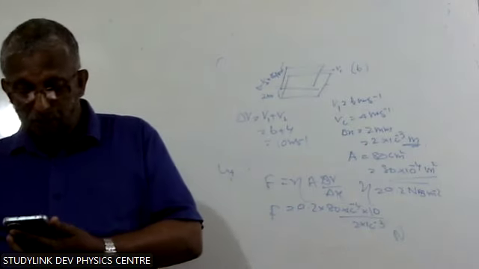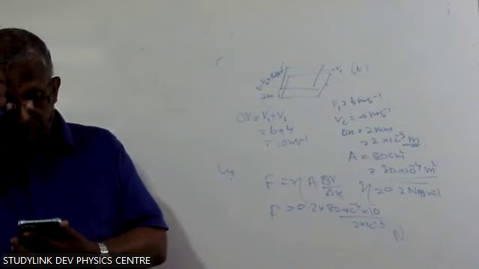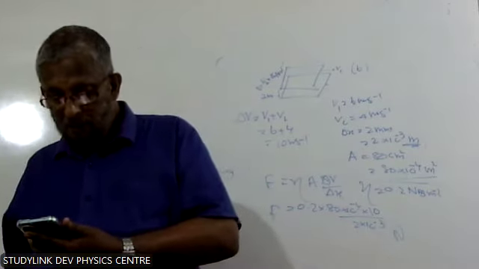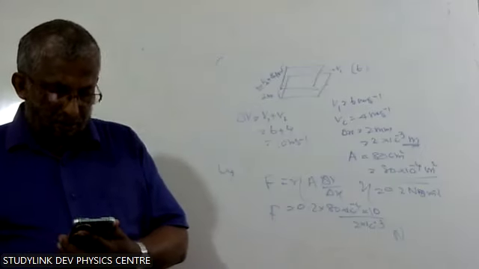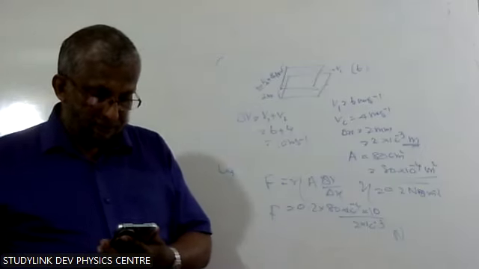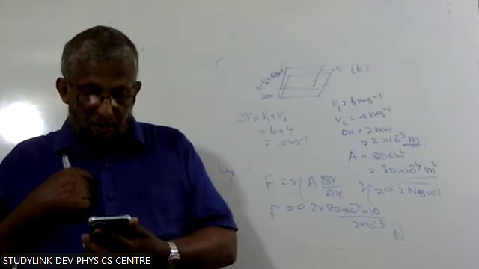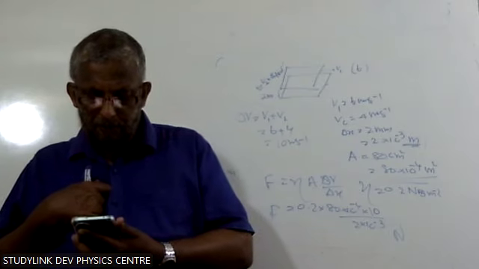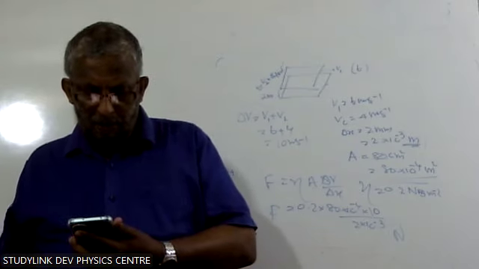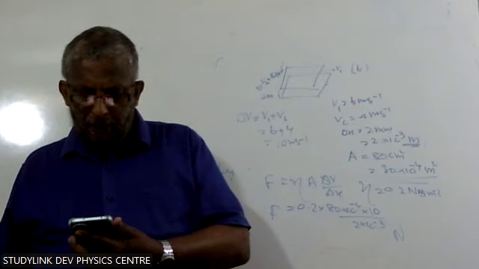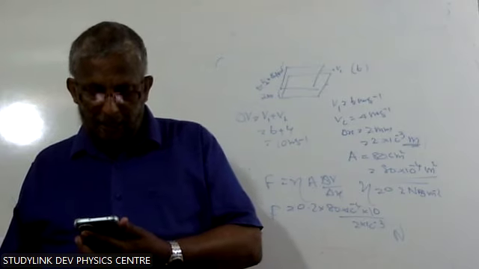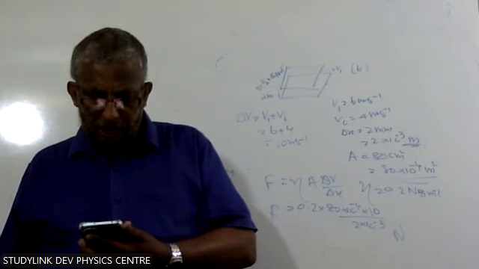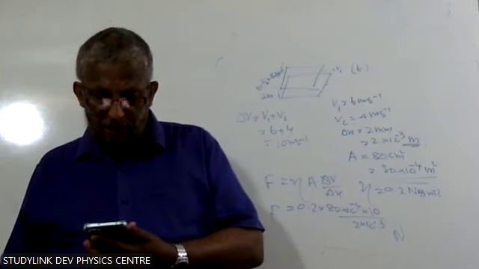Then find the viscous force. Next one, if the velocity of the rectangular lamina is 6 m s^-1 to the left, then find the viscous force.